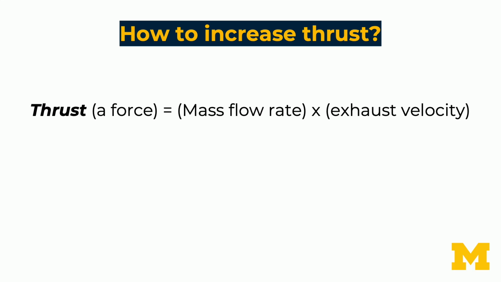In our cannonball example, thrust, how much force we're applying to the boat, is equal to the rate at which we're shooting cannonballs off times the velocity of those cannonballs. So if we wanted to increase that thrust, we would shoot more cannonballs or shoot them at a faster velocity. Both of those things would increase our thrust.